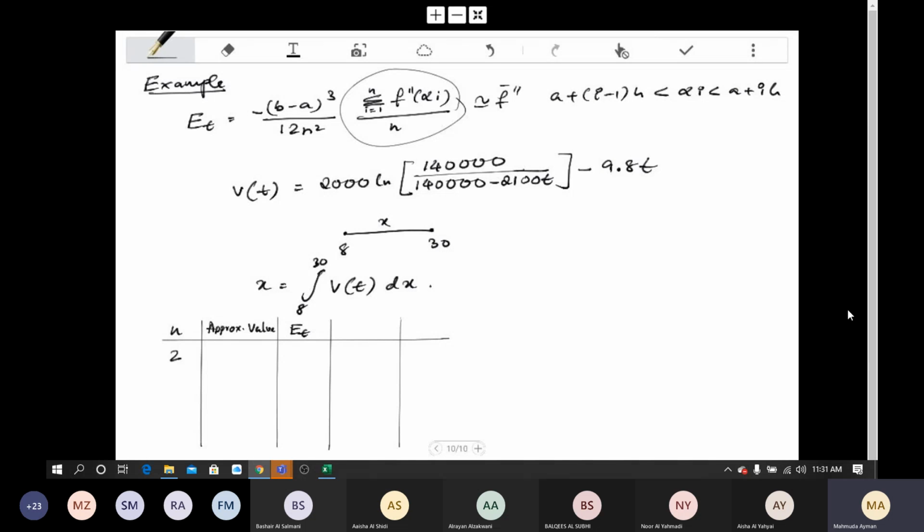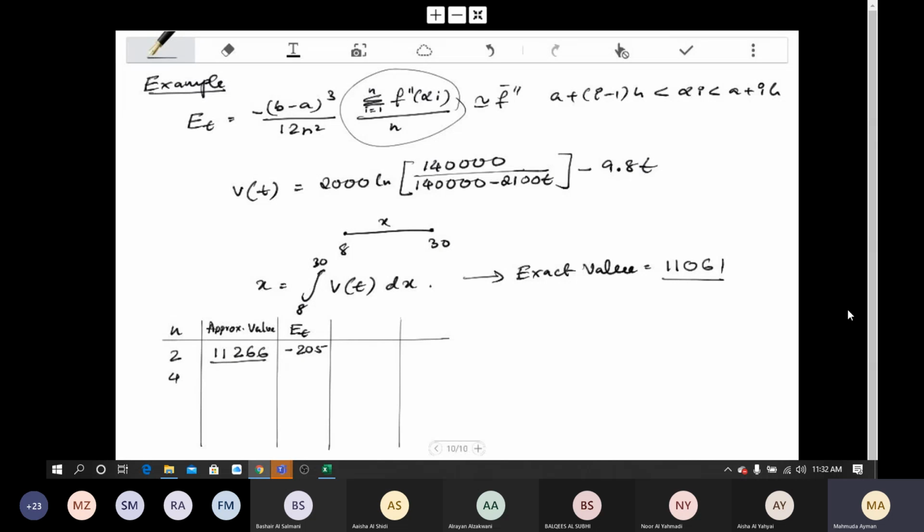If we have two segments, we get an approximated value of 11266. The exact value of this integral is equal to 11061. The true error is, if you subtract from the exact value, 11061 minus 11266, you will get minus 205.